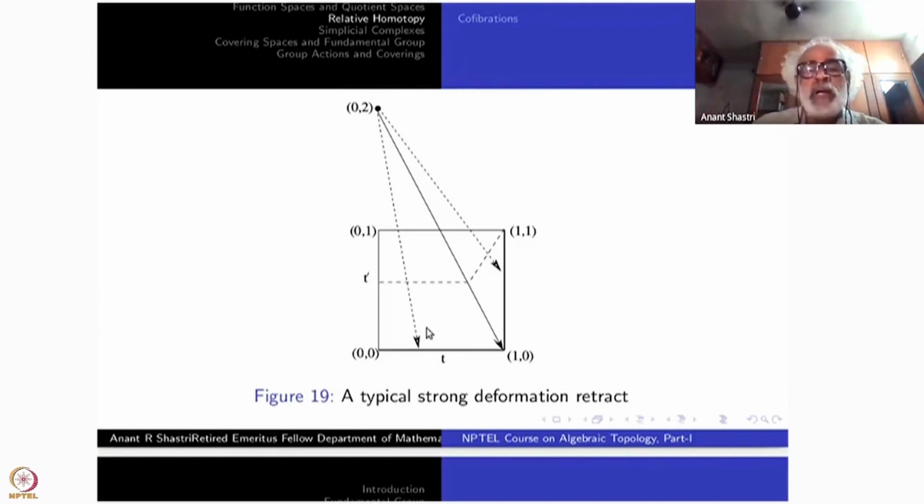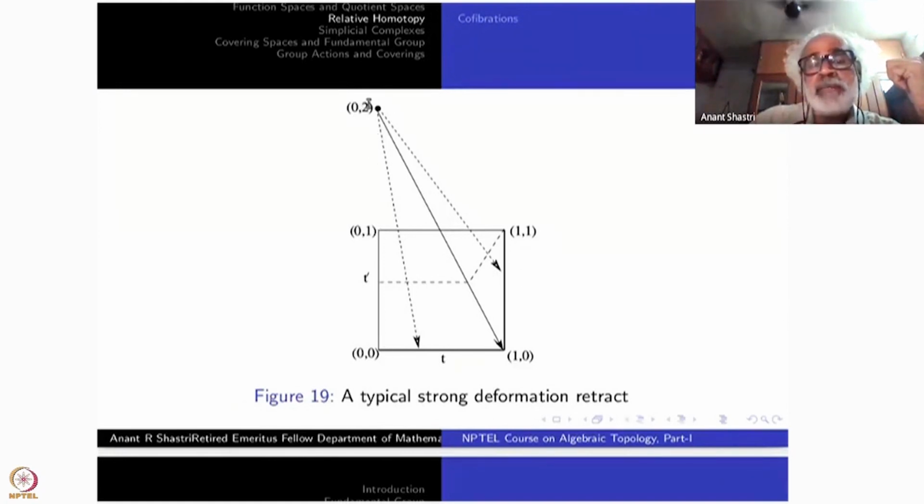So what do I do? I take some point on the y-axis above this square somewhere. Here I have chosen 0, 2. That's not needed. I could have chosen this point or far away, 0, 200 also, no problem. From that point, I am taking a view of the whole thing. First I see this one from here.